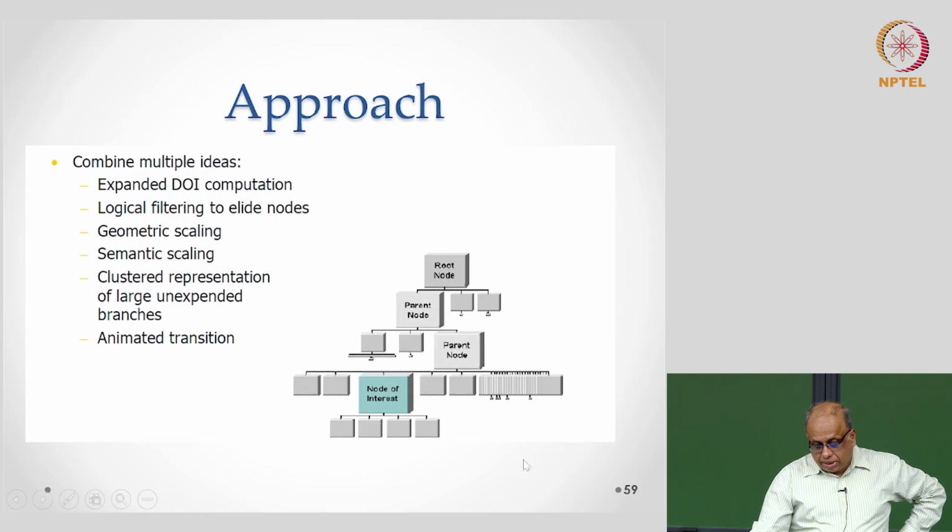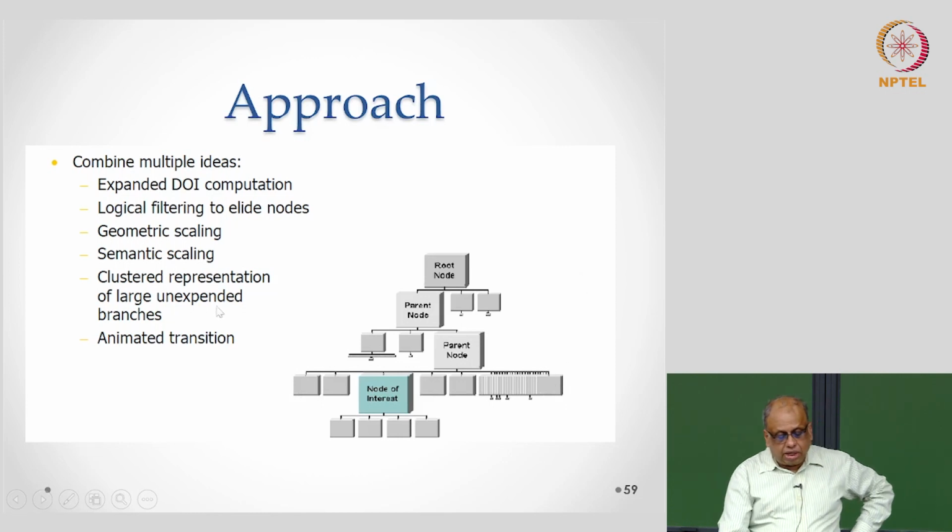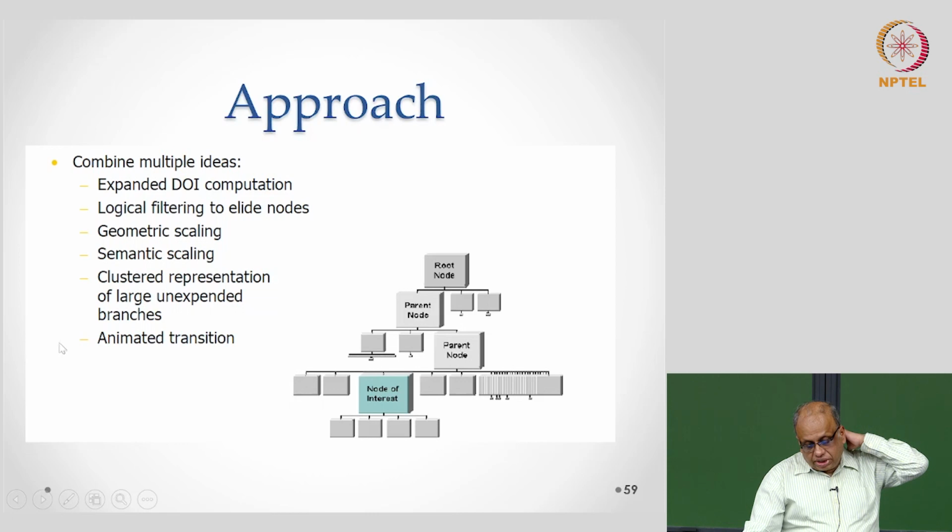Suppose you are at this node of interest. Not only does it show the node of interest, it shows its parental nodes up to the root node, so that you know exactly where that node belongs, and it shows some of its sibling nodes, but the other nodes are grayed out. So that way you have a better understanding of exactly how that node fits in.